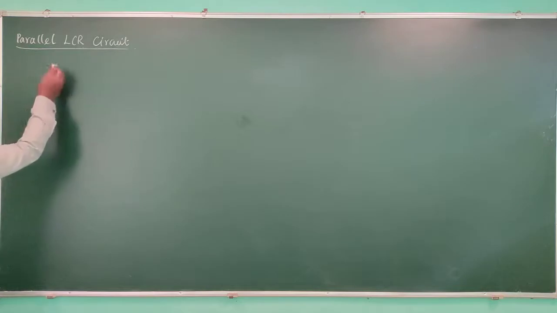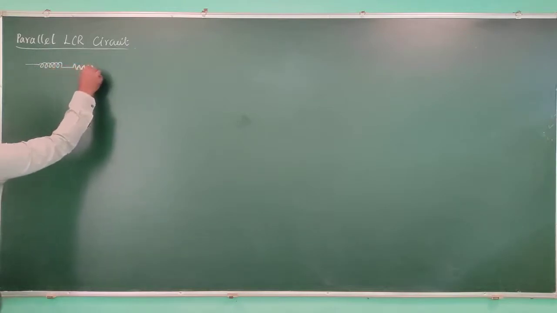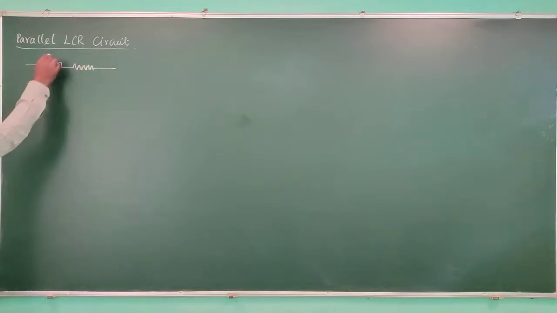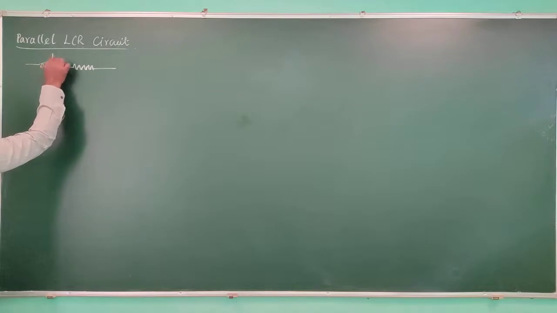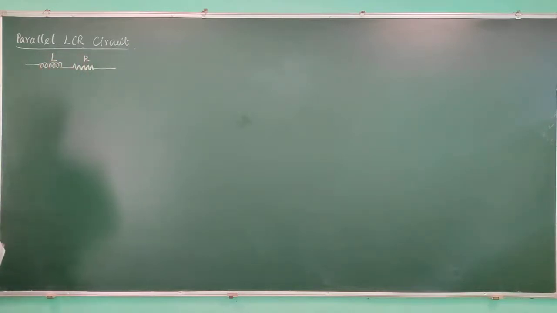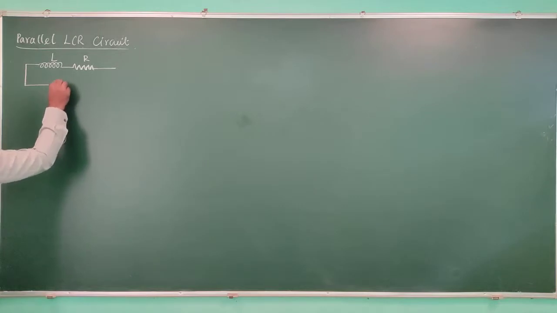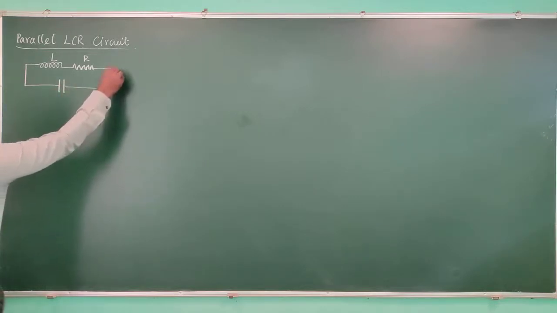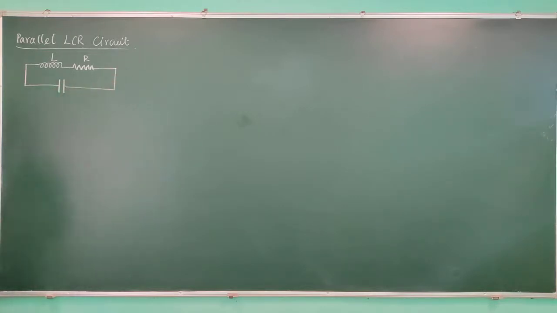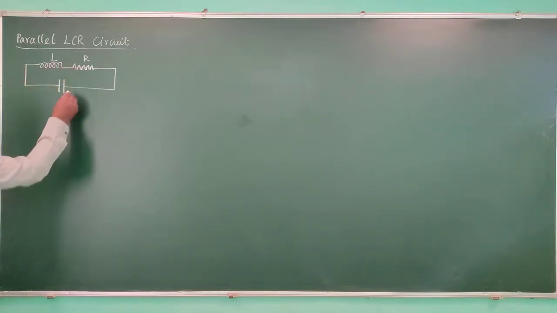So the circuit is, there is an inductor and resistor which are connected in series. The inductor is denoted by L, the resistor is denoted by R. A capacitor is connected in parallel to this series combination of inductor and resistor, right?